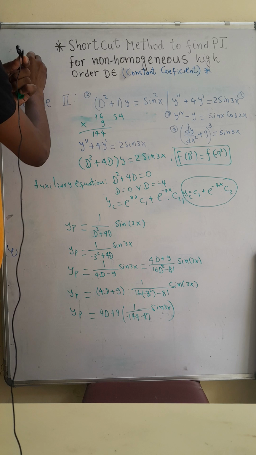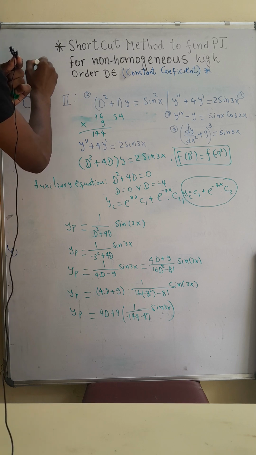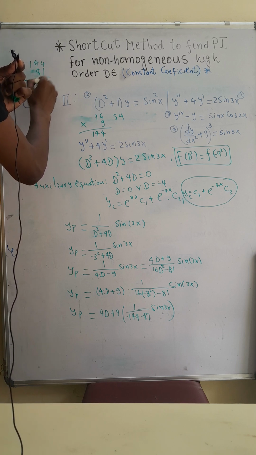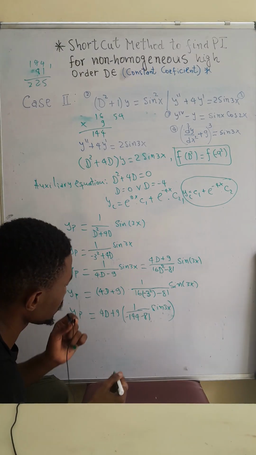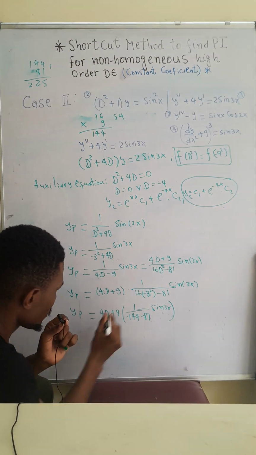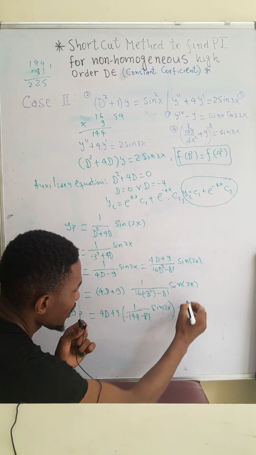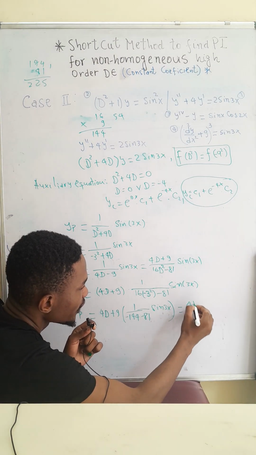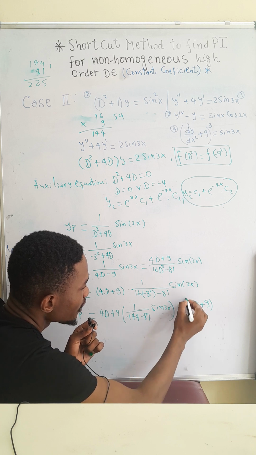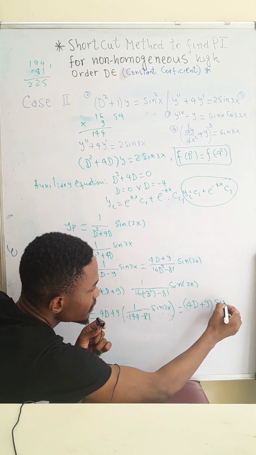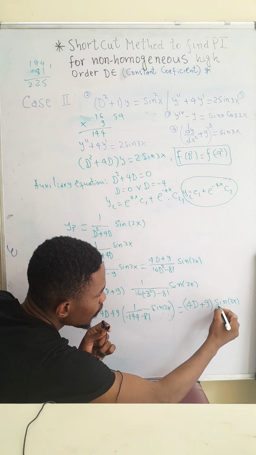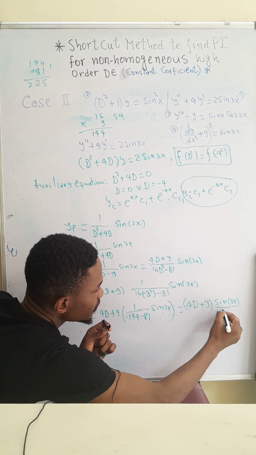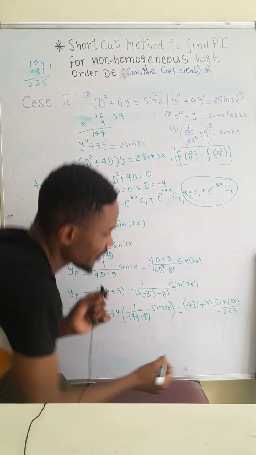Okay, add this one, 144, 81, that will be 225. So now from here you are going to have 4d plus 9 multiplied by sine of 3x, all of this by minus 225.